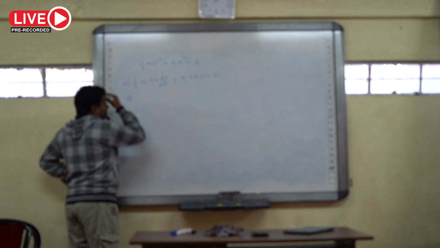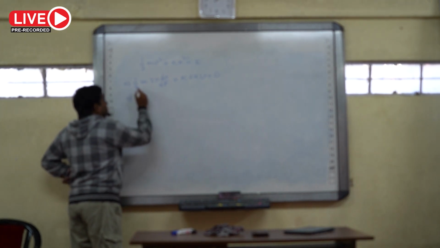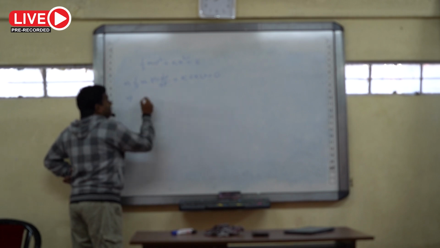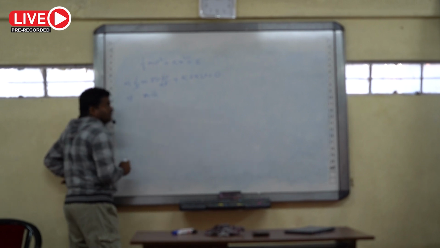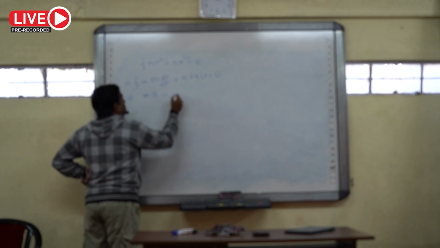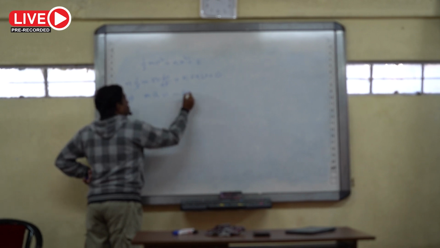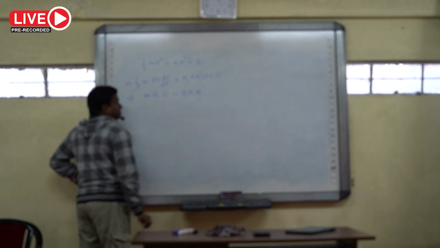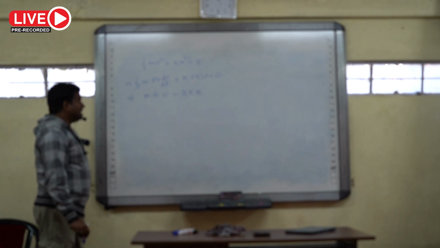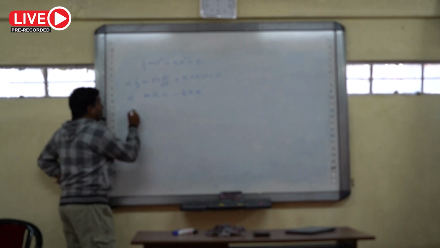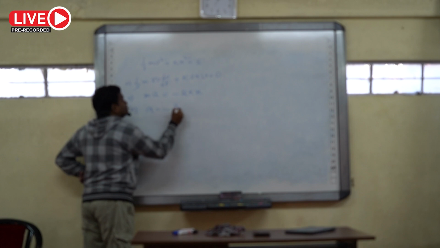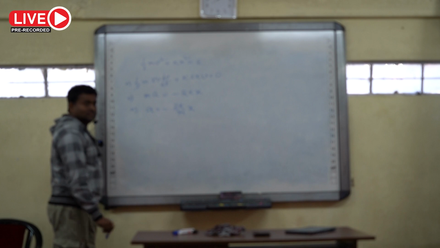Now I can write from this that these two will cancel, one v will be cancelled, then it will be m dv/dt means ma equal to minus 2kx, or from this we can write a equal to minus 2k by m into x.